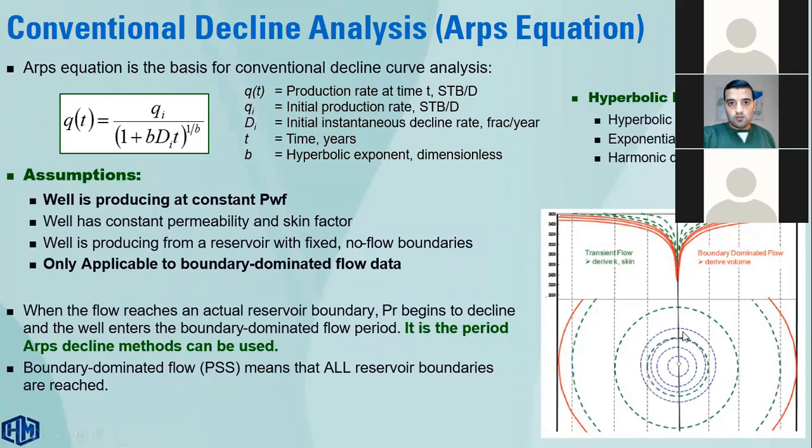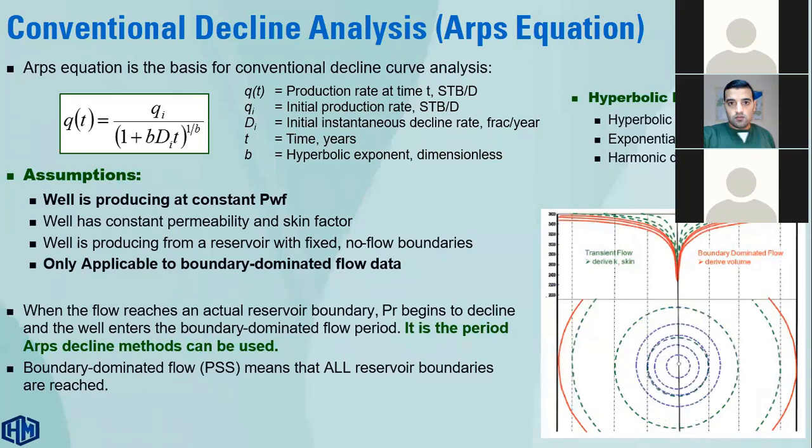So if this pressure transient doesn't reach the reservoir boundary in this red color, we have transient or unsteady state flow condition. Once the pressure transient has reached the reservoir boundaries, in this case we have pseudo-steady state flow or boundary dominated flow. What does boundary dominated flow mean?